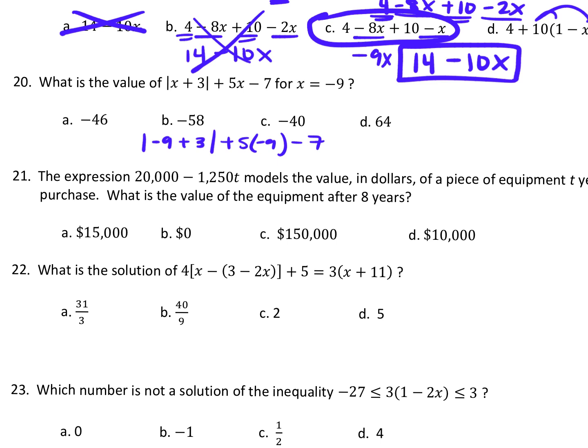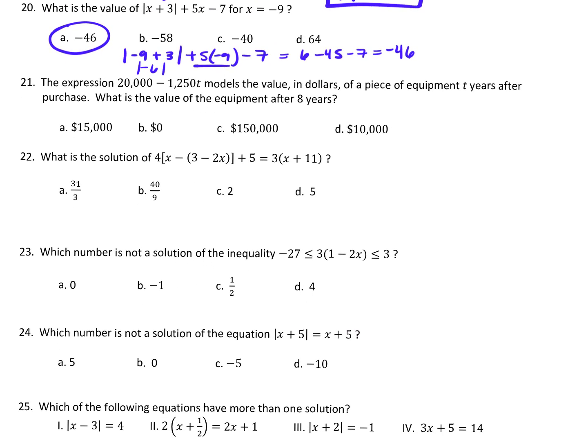So this is negative 9 plus 3, or negative 6, taking the absolute value of that. So this is going to be 6 minus 45 minus 7. Okay, and then at that point, you can just plug that into your calculator. You would get a negative 46 on that.